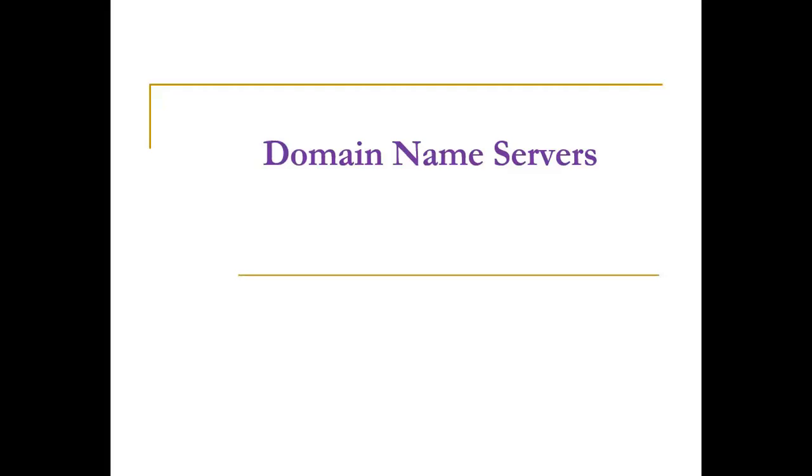So there should be some way where you can communicate with another node in a network. So the mapping of website address to IP address is done by this domain name system. And all the information related to website address and its IP address is stored in the domain name servers.